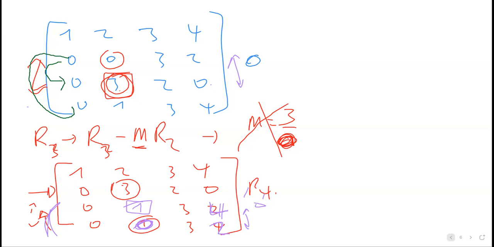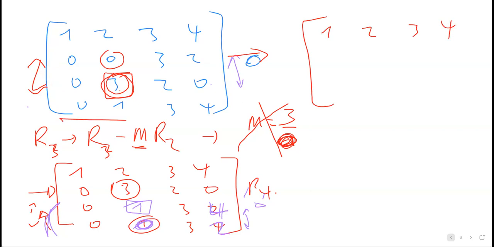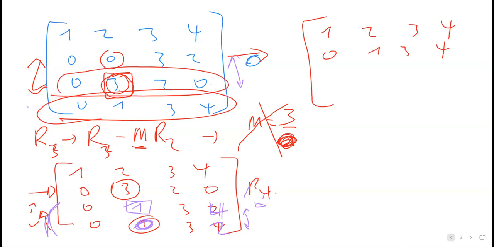Exactly. So you can go from here with 1, 2, 3, 4, and then you bring the whole row 4, 1, 0, 1, 3, 4. And then you can even bring this one as well, 0, 3, 2, 0, and then you bring this one, 0, 0, 3, 2, something like that. Yeah, that's what I wanted.